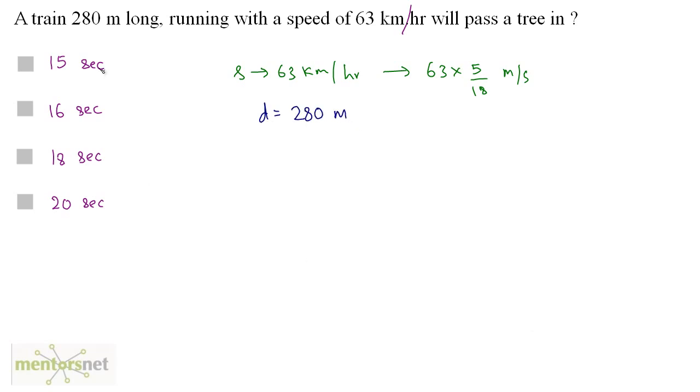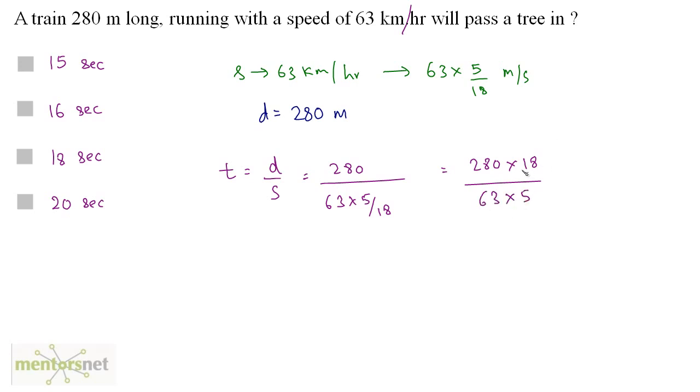Now we have to calculate the time it takes to pass this tree. So time is equal to distance upon speed, right? So we have the distance as 280 meters upon the speed, 63 into 5 by 18, and that's 280 into 18 by 63 times 5. 3 times 6 is 18 and 3 times 21 is 63.